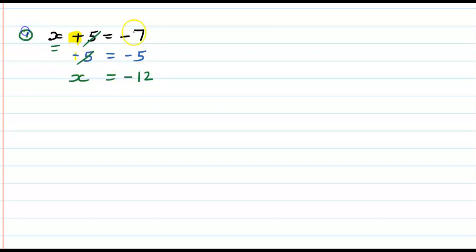Now if it is like this, minus x plus 5 equals minus 8, the method still remains the same. Put an equal sign under the equal sign. Here is plus 5, so you put minus 5 here and minus 5 here.